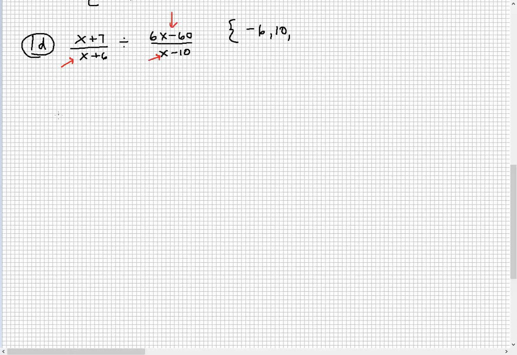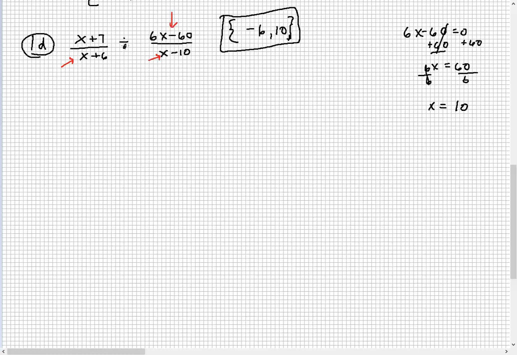So we have to find this one. All right, so 6x minus 60 equals 0. We get that x equals 10, but we already had it, so we don't repeat it. So these are the only two excluded values that we get.